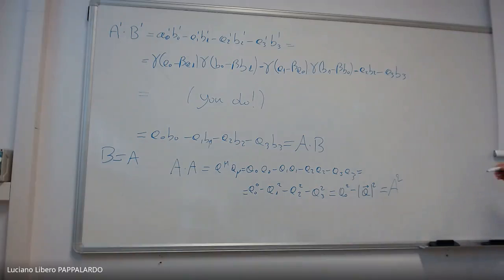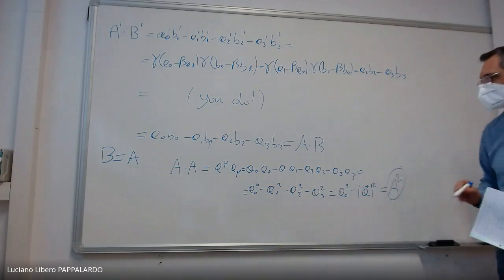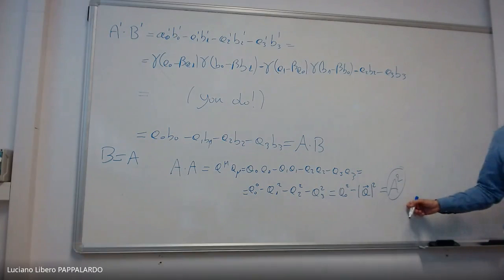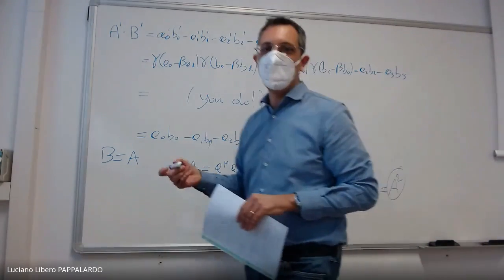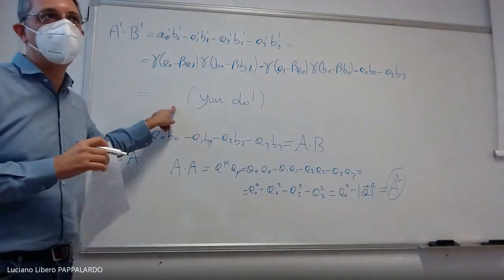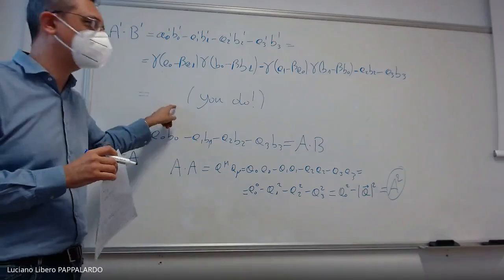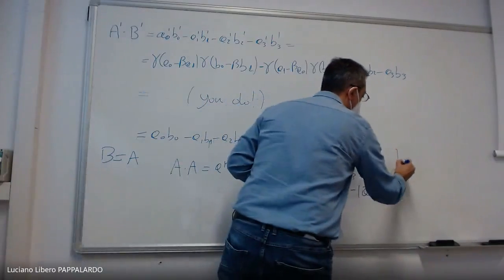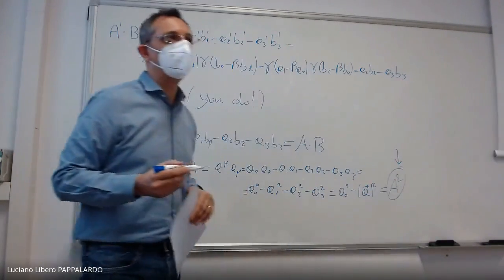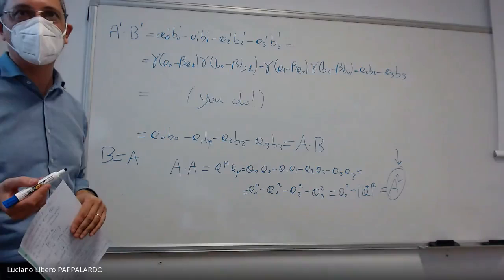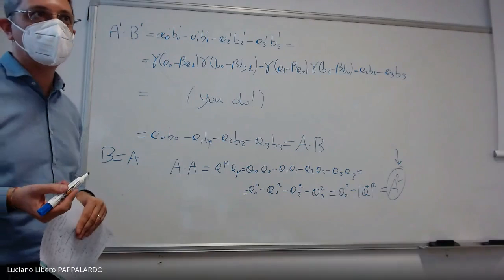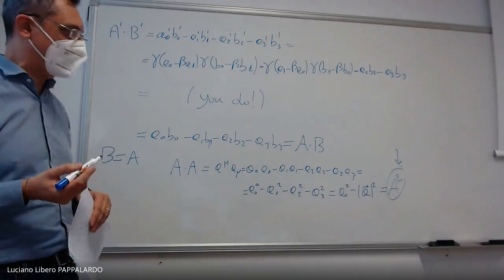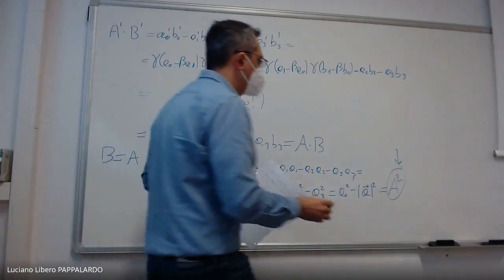So the result is that the square of any 4-vector is nothing else than the scalar product of the 4-vector with itself. We have shown, actually you will show, that the scalar product is a Lorentz invariant, and so also the square of any 4-vector is a Lorentz invariant. It remains unchanged when applying a Lorentz transformation from one reference frame to the other. And there are three possibilities.